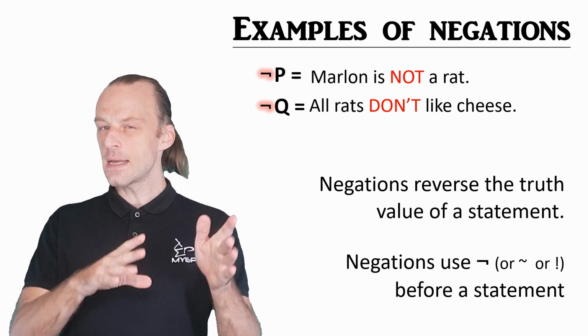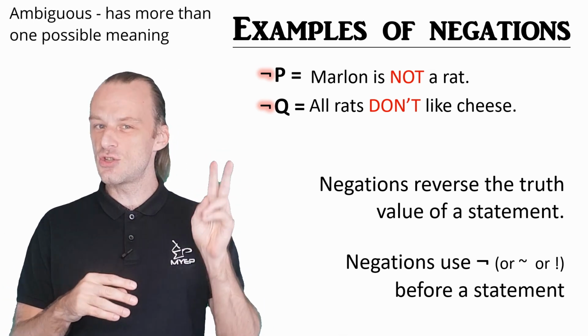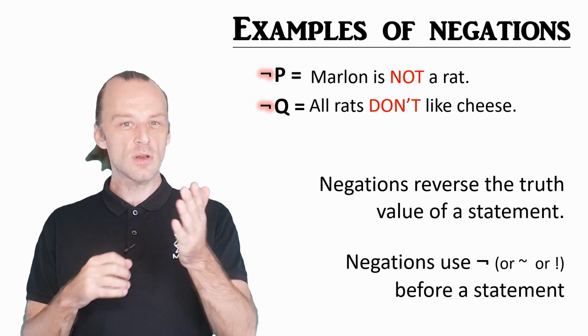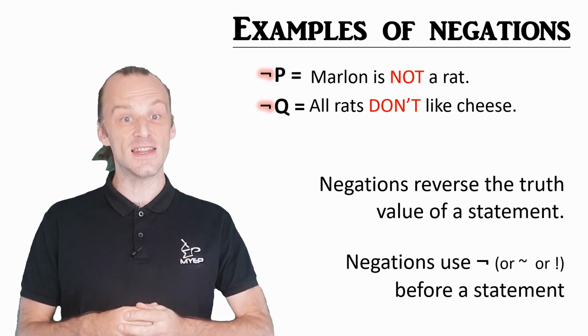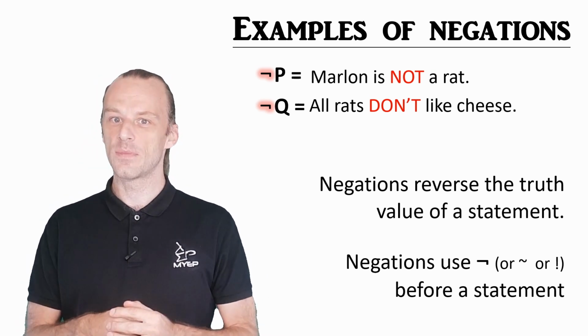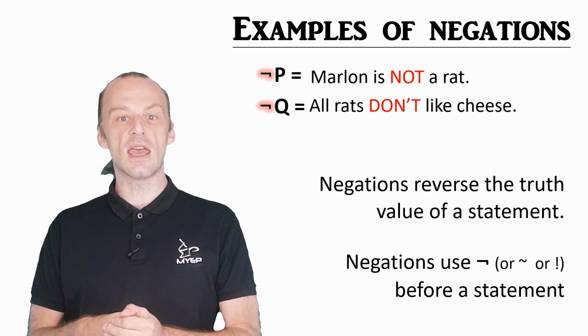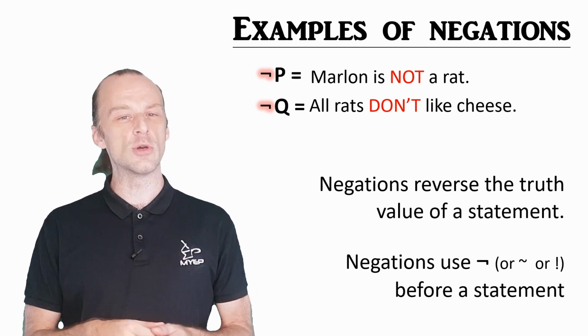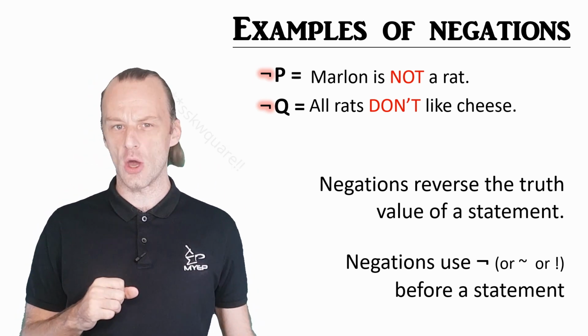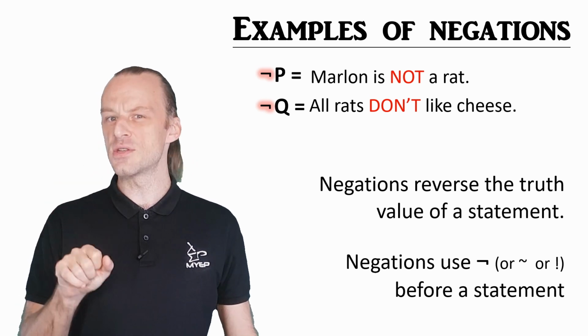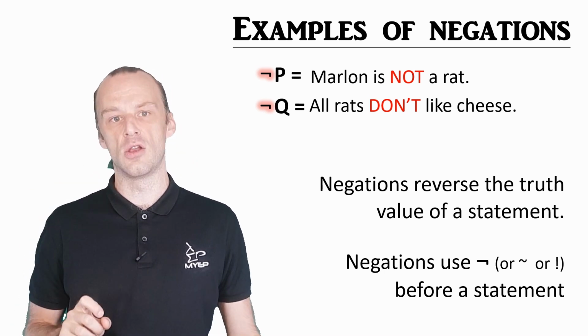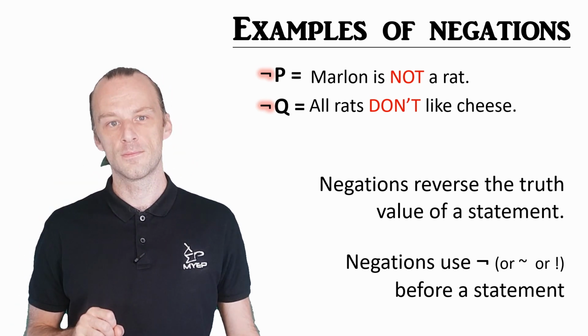Not Q is actually ambiguous. It has two possible meanings. You could think about how, and I will tell you at the end of this video. The symbol we will use for negations is the not symbol, which is a little square hook symbol. There are other symbols for not and other logic functions too.